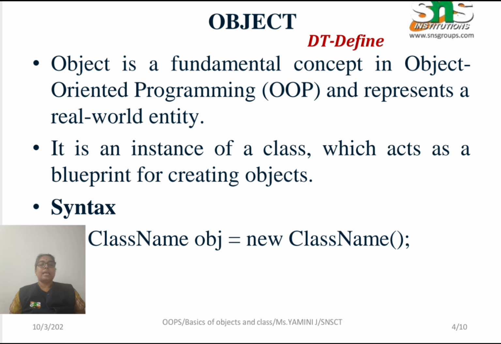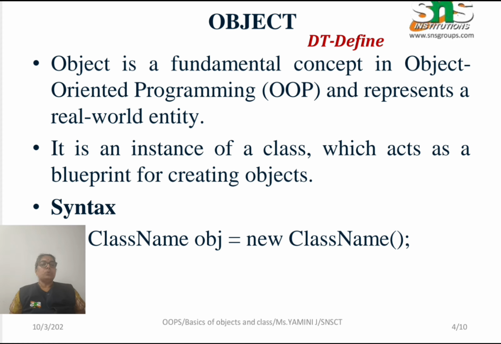For example, if we have a class called Student, then individual students like Alice, John or Ravi can be considered objects of that class. Each object will have its own variables or attributes.